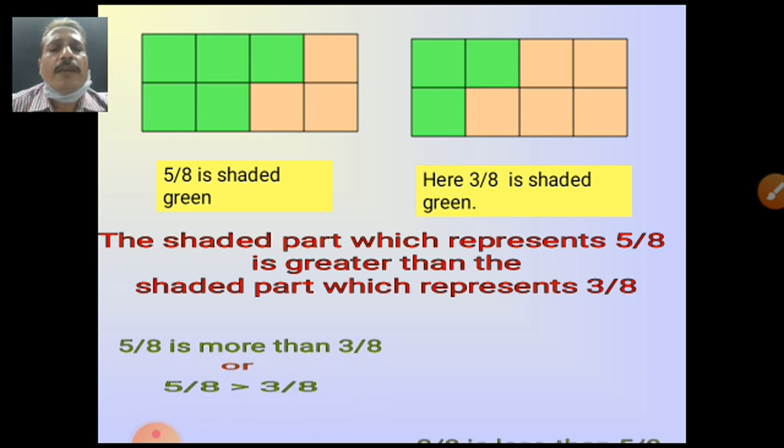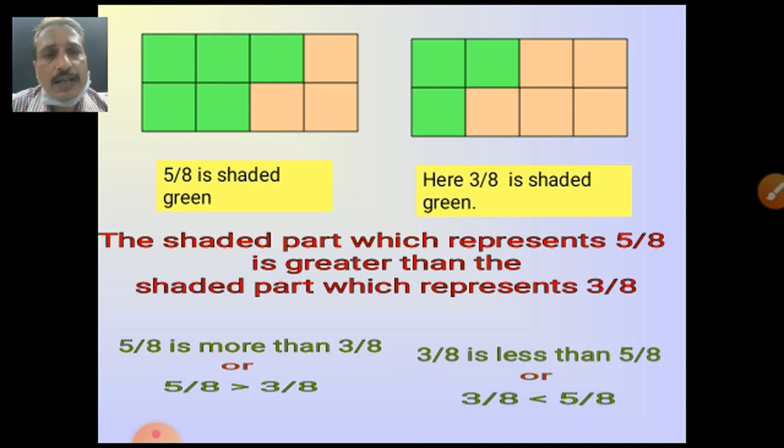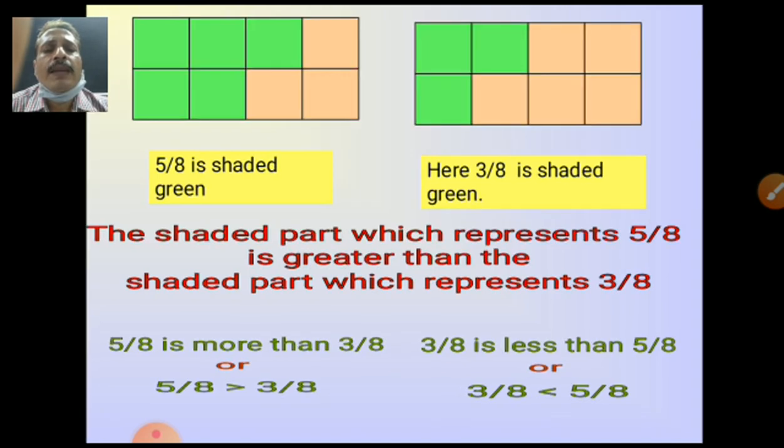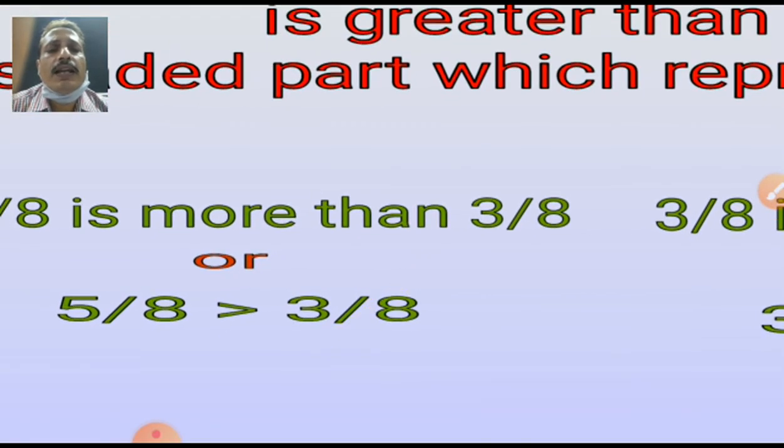Yes students, these are like fractions. And can we compare them, yes or no? Yes, like natural numbers we can compare them. Whose numerator is bigger is the bigger number, and whose numerator is smaller is the smaller one. So both ways you can get the idea of the answer. See, 5 upon 8 is greater than 3 upon 8.